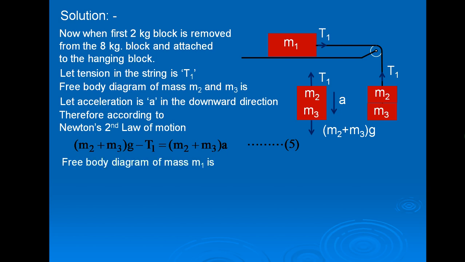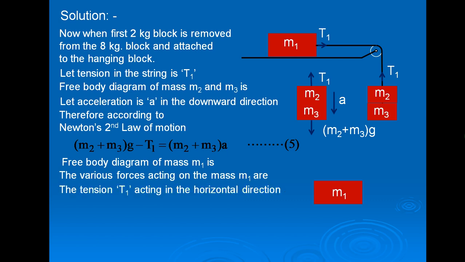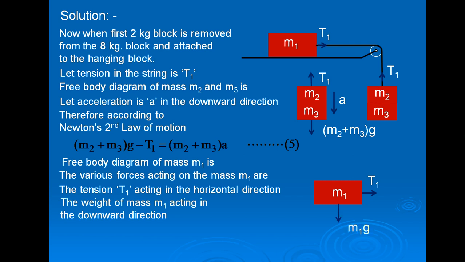Free body diagram of mass m1: now this is mass m1. The various forces acting on the mass m1 are the tension T acting in the horizontal direction along the cord, the weight of the mass m1 acting in the downward direction, that is m1g, and the normal reaction R1 acting in the upward direction.